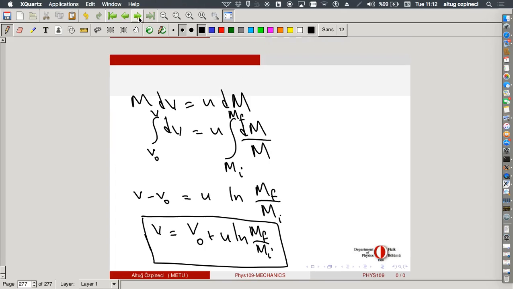By making these small changes dm, which is positive, you cannot go from m initial to m final, because dm is positive, remember. If you want to go from m initial to m final, the change in the mass is negative, not positive. So here, this dm is in fact the mass of the exhaust. Let's say dm, the change in the mass of the exhaust.